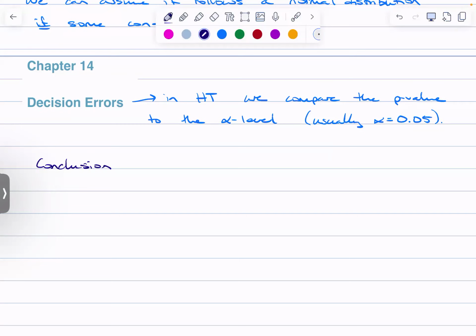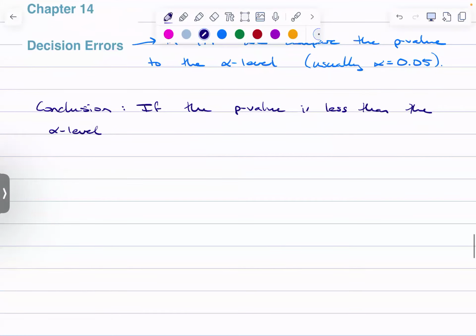If the p-value is less than the alpha level, we say we have enough evidence to reject H naught. And if you're rejecting it, we can say in favor of HA. But for now, let's just say, okay, then I'm going to reject H naught.